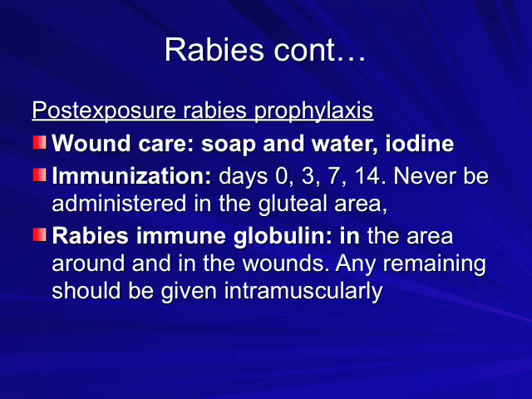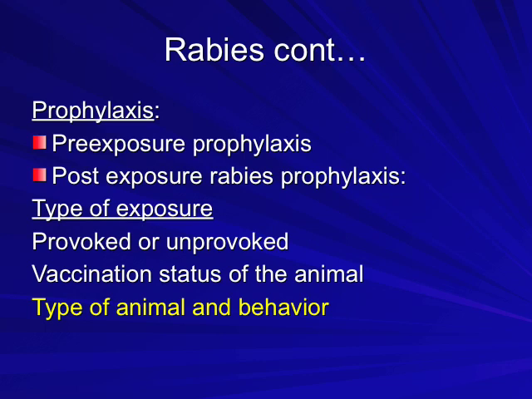And for post-exposure prophylaxis, it depends on the animal, the behavior of the animal, and how the exposure occurred. Again, provoked or unprovoked exposure is important. This is how the animal behaves. Also the vaccination status of the animal, and of course, again, animal behavior.